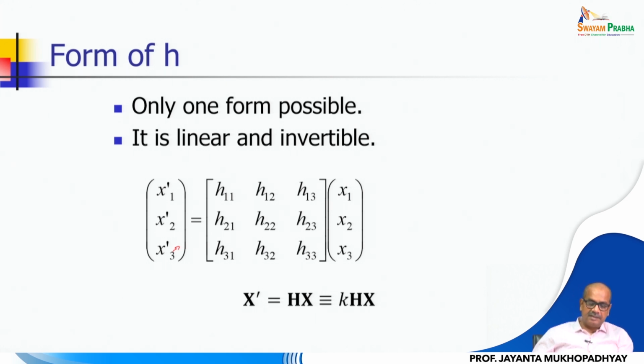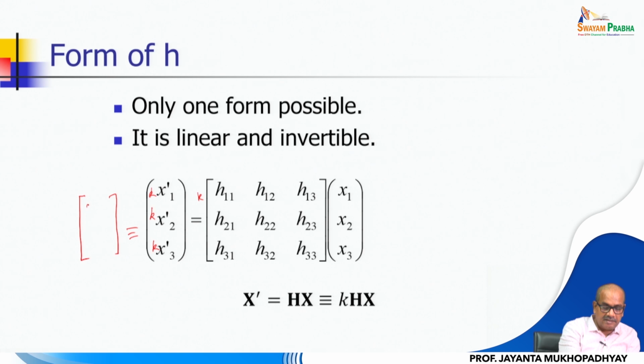And please note here, since this is a projective space, if I multiply all the elements by k, I get the mapped point as a scalar multiple of these coordinates, which is equivalent in projective geometry, as you know, since the points are equivalent up to scale. So whether it is H or kH, it denotes the same transformation, and the points are the same.